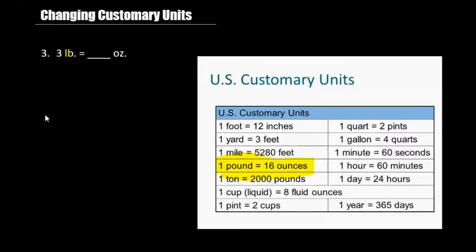If we want 3, we need to do 16 times 3. And 16 times 3 is 48. So 3 lbs is 48 ounces. Let's go to the next question.